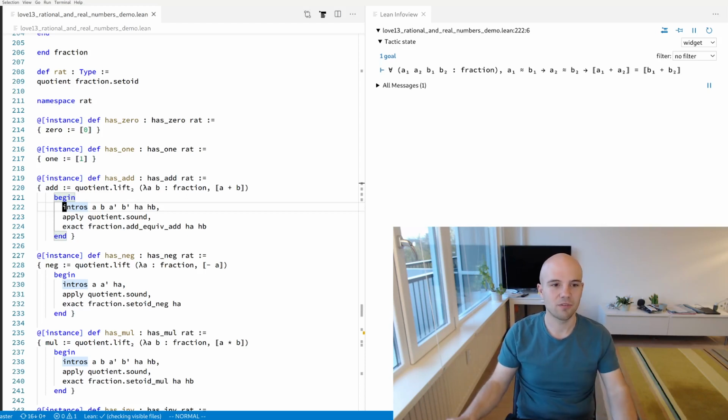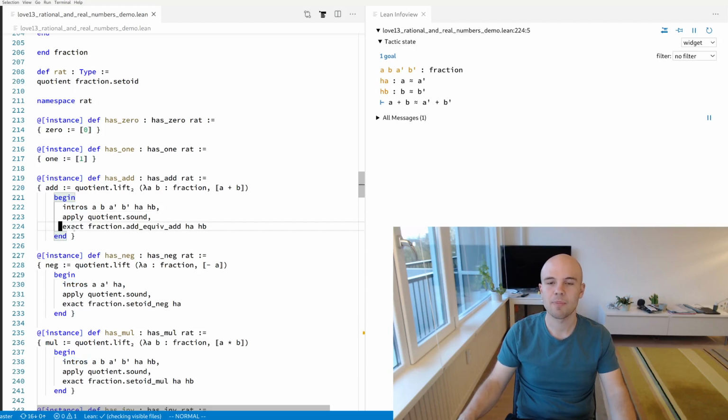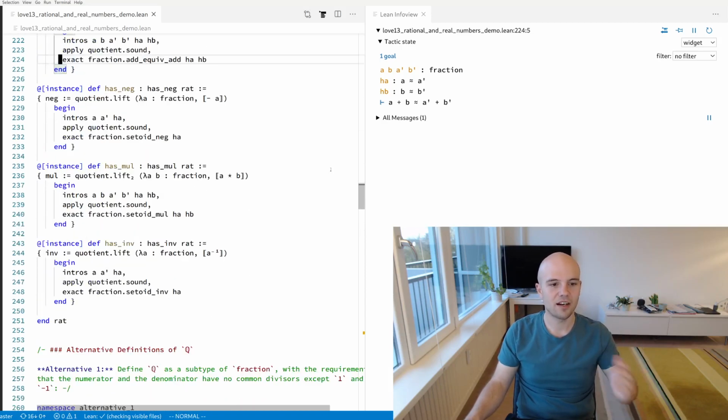This is the key property of quotients, which we have here in the quotient.sound lemma. Now, this is something we've already proven, that if A is equivalent to A prime and B is equivalent to B prime, then the sums are also equivalent. Right, and the rest, the negation, the multiplication, the inverses, are defined in exactly the same way.